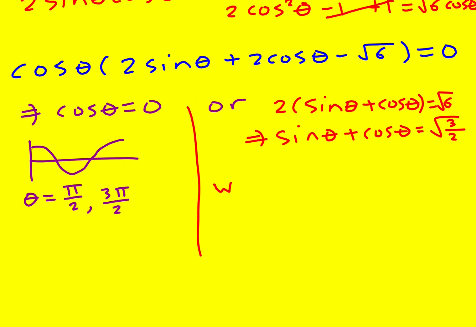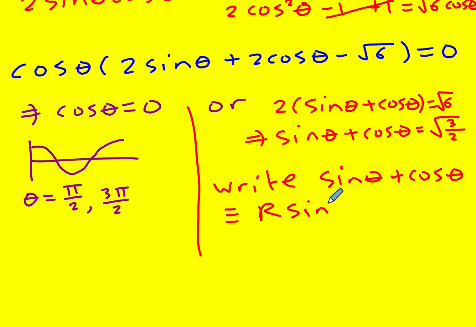Okay, so to deal with this, we need to combine it into a single either sine or cos. So write sine theta plus cos theta is identical to r sine of theta plus alpha.